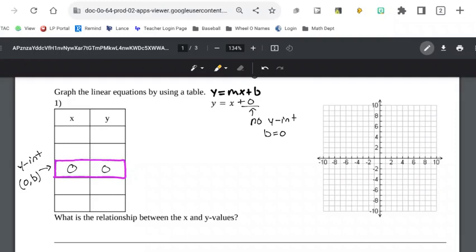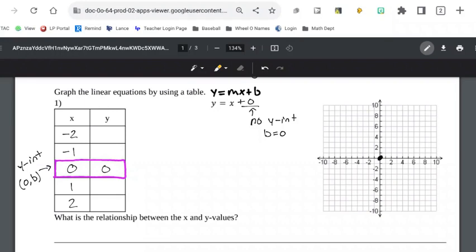So our y-intercept is (0, 0). So that's going to be the first point we plot on our graph. Okay, now we want to find points around the y-intercept. So we're going to go 2 x values smaller than 0, so -1, -2. And then we're going to go 2 x values bigger than 0, 1 and 2.